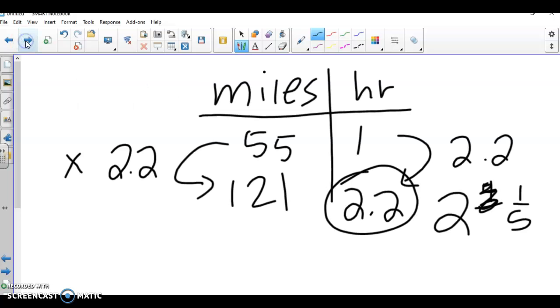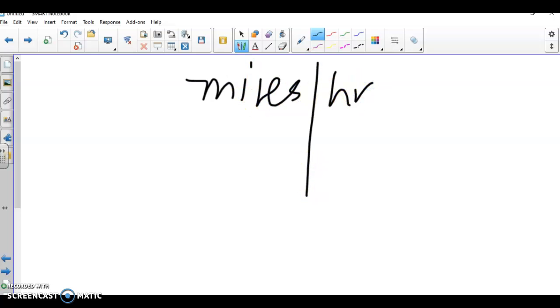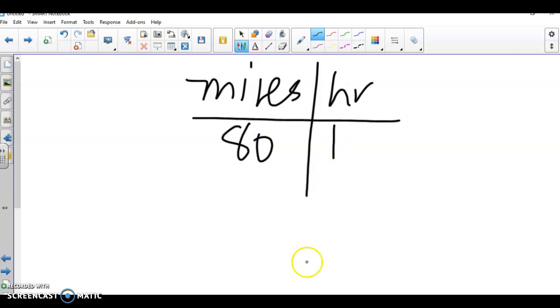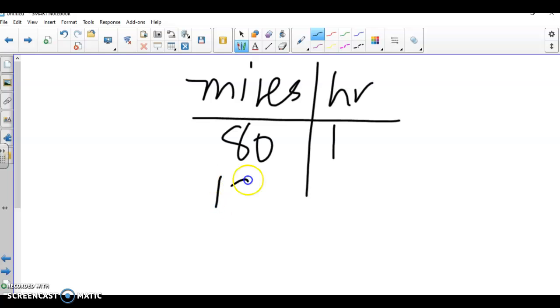I got miles and hours, and we're going 80 miles per hour. So 80 miles for 1 hour. And I'm going for 120 miles. So 120 miles is how far I want to go and know how long it's going to take me.